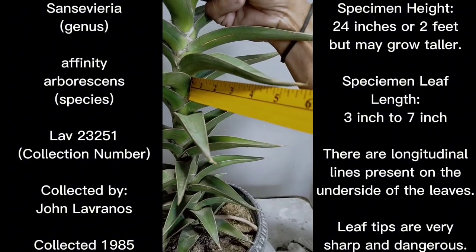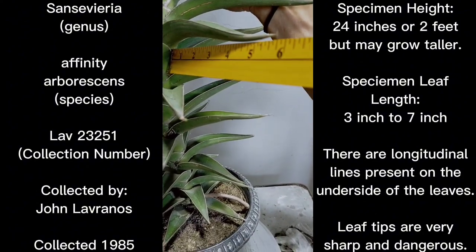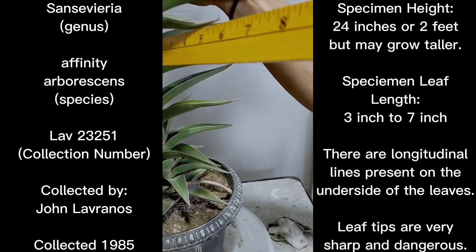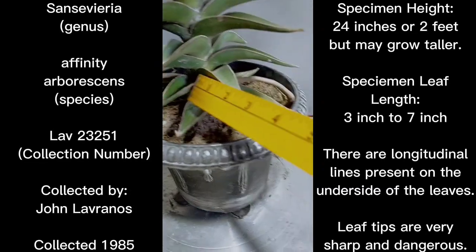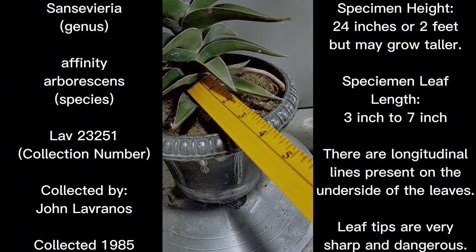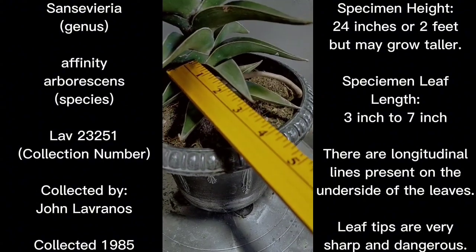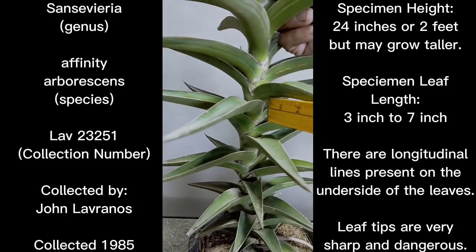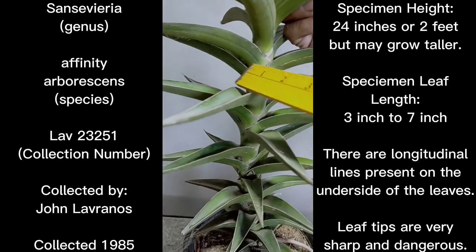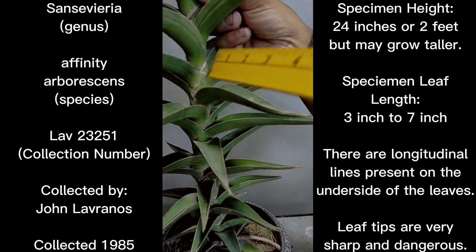The leaf length is about 6 inches, and I'm measuring from the mid part. The bottom ones would be around 3 inches. Then going up, it starts to grow longer as it matures. So this one right here is 6 inches.